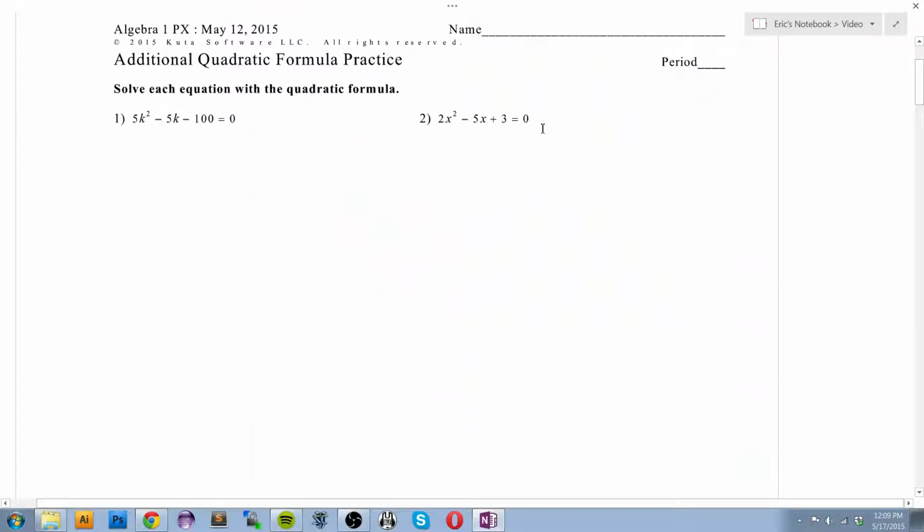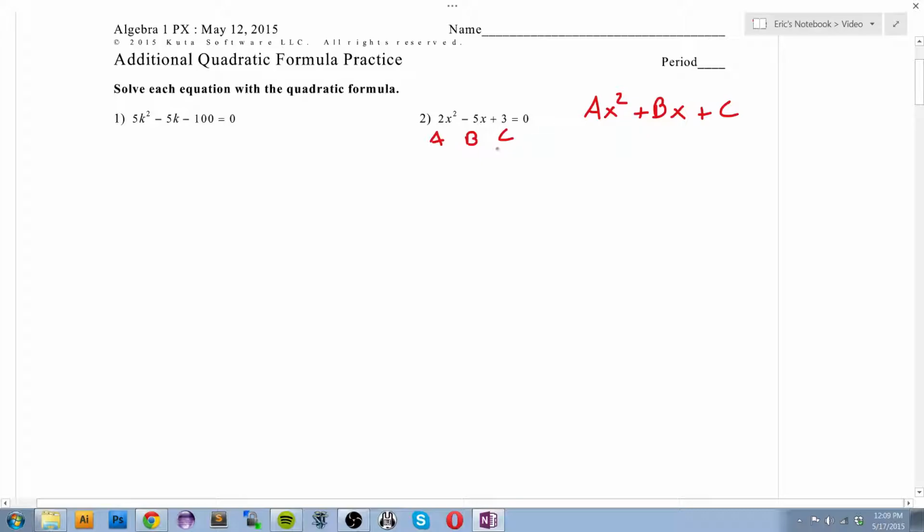I actually want to start with number 2 because there's some big numbers here, and let's just get it going. So A, this would be 2, B, that would actually be a -5, and C, that would be 3. Remember that this comes from the general quadratic ax squared plus bx plus c, where all of these letters are either coefficients or c is actually a constant.